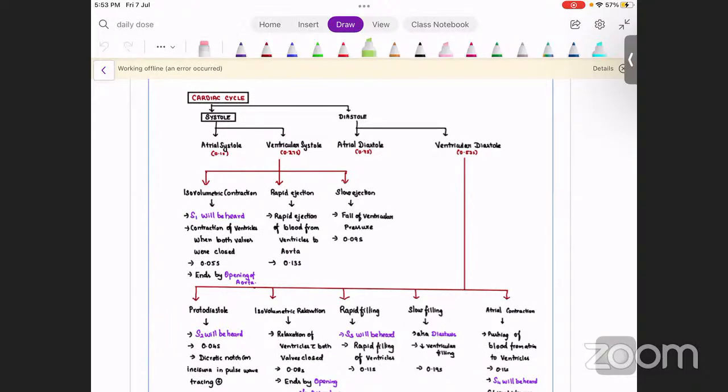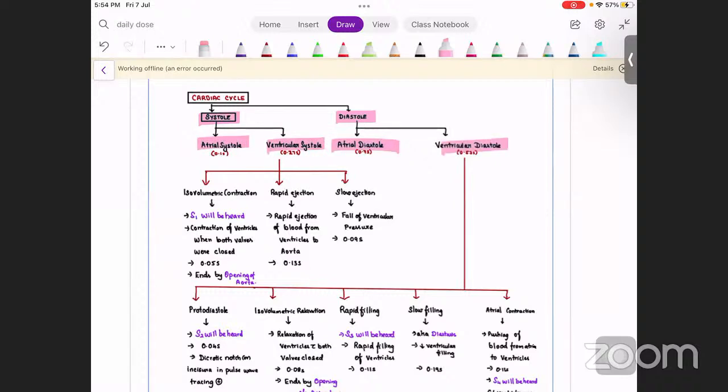Now, speaking about the cardiac cycle, we separate it into systole and diastole. So we can divide it into atrial systole, ventricular systole, atrial diastole, and ventricular diastole.